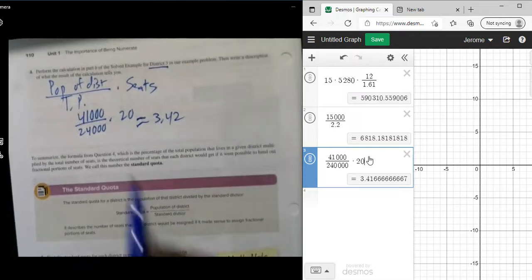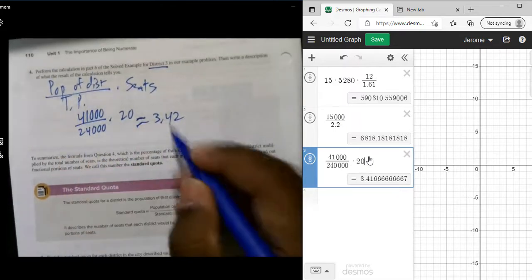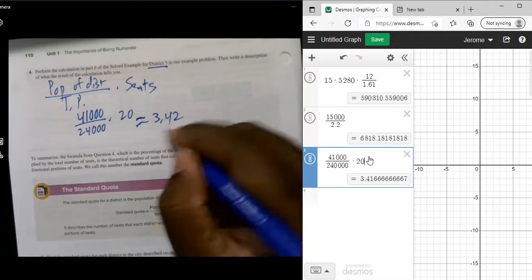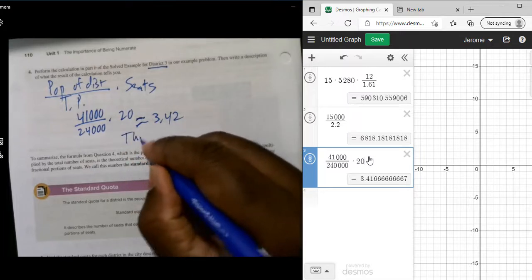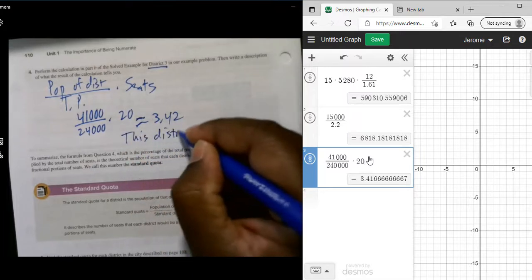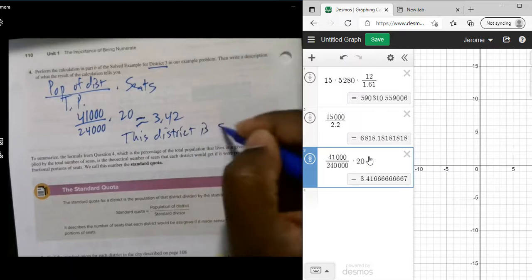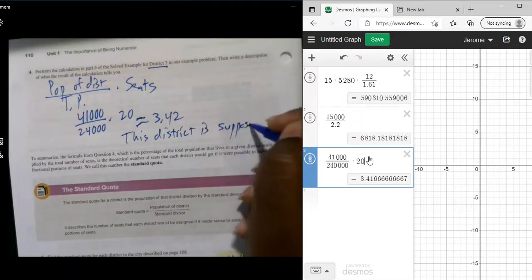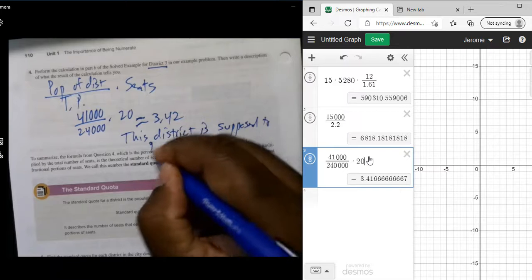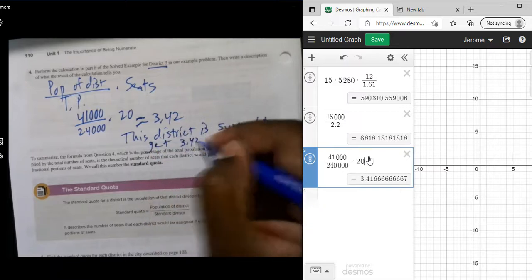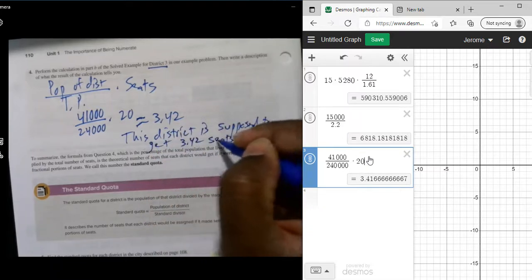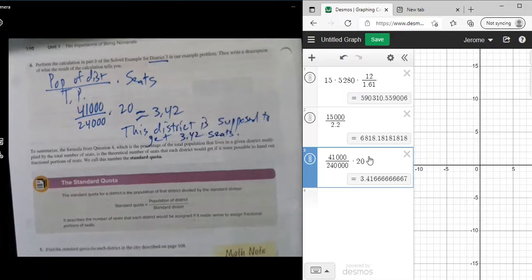All right. And then they tell us to write a description here. So this district is supposed to get 3.42 seats. And we know that's not possible.